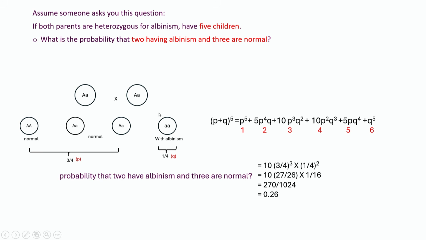The power of P should be 3 and the power of Q should be 2, because we want 2 albinism, which is Q, and 3 normal, which is P. So we need to just solve this term, 10P3Q2, and when we solve this we will get the answer. It's as simple as that.